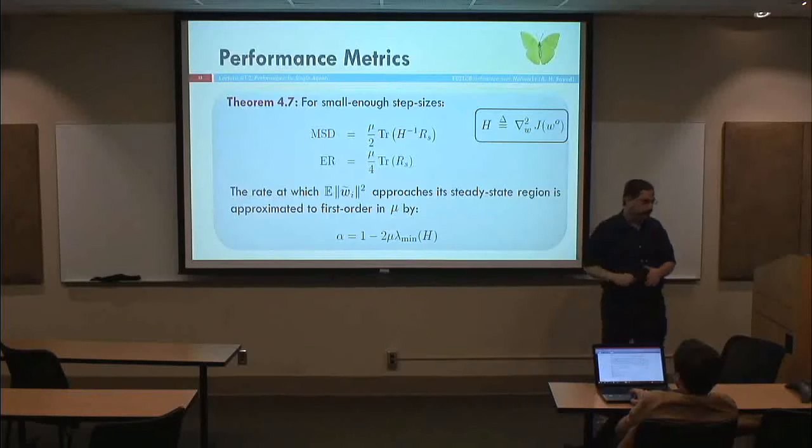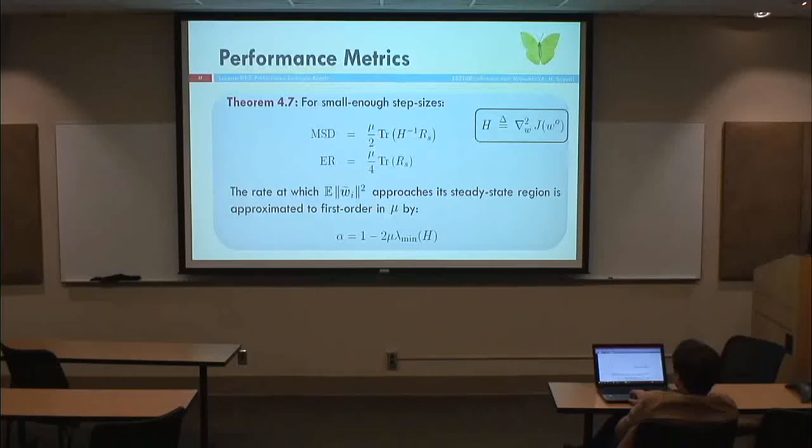I'm not telling you that this enters a region bounded by mu. I'm being much more specific now. I'm telling you that this actually enters a region where the first order term in mu is this, plus higher order terms in mu.